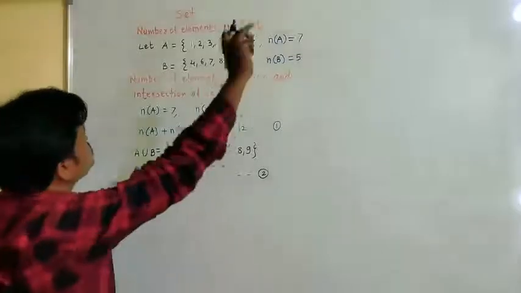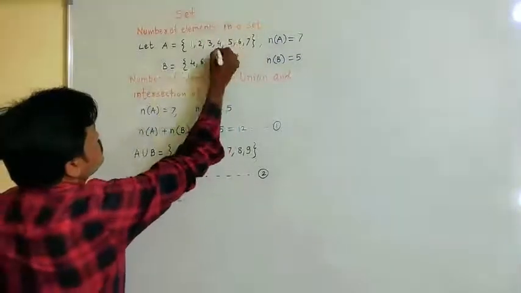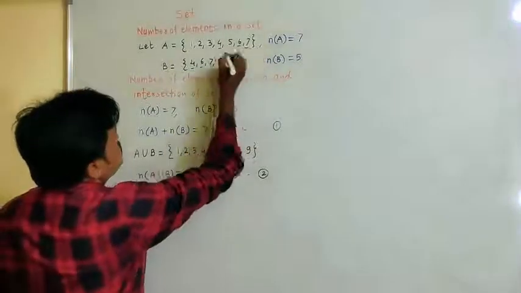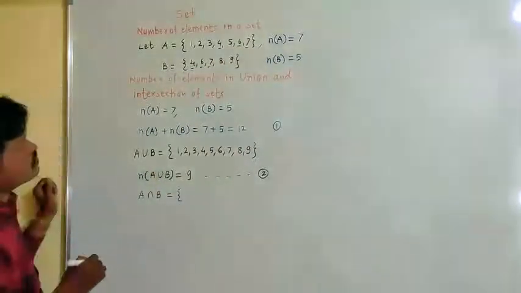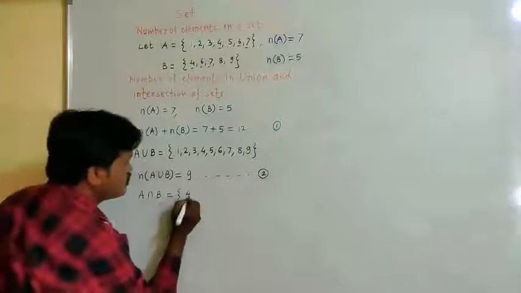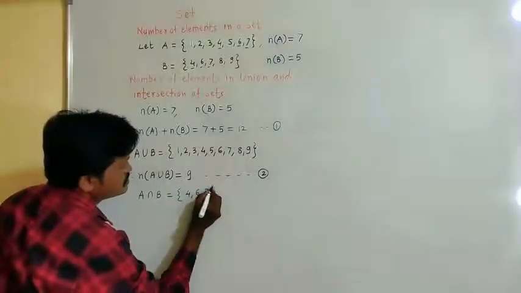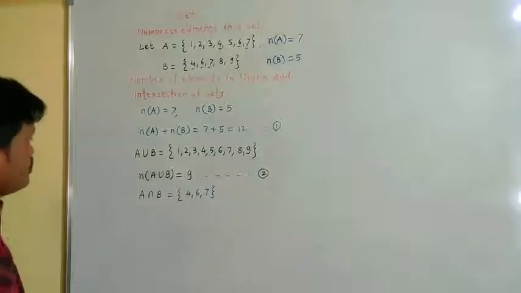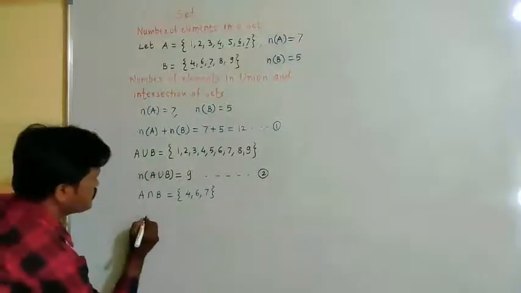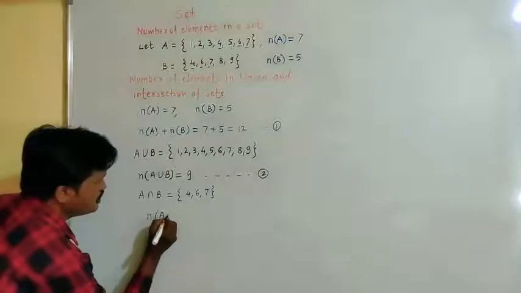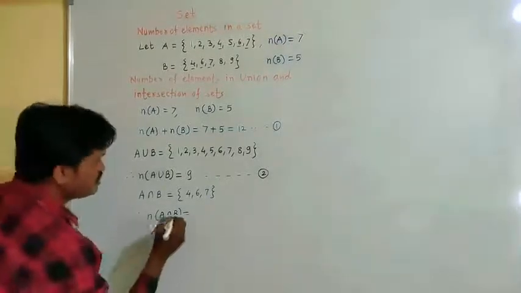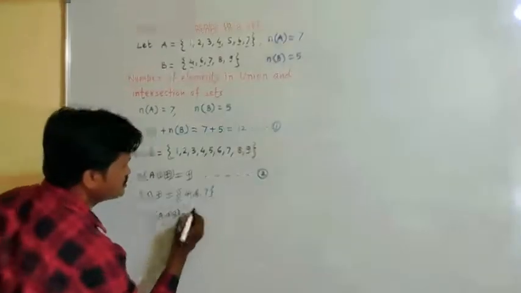So look here, it is common here 4, 6, 7. So I write here 4 6 7. So that is the intersection of set A and B. Now how many is this number? Therefore, n of A intersection B is equal to, you write here how many terms? 1, 2, 3. So write here 3.